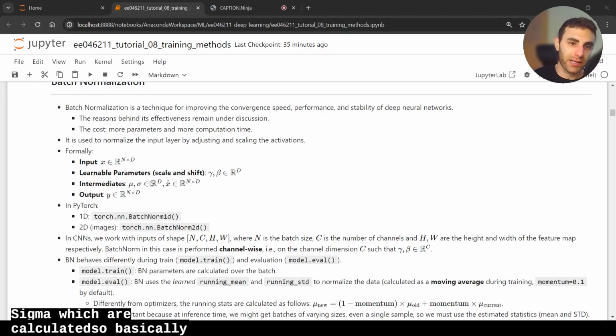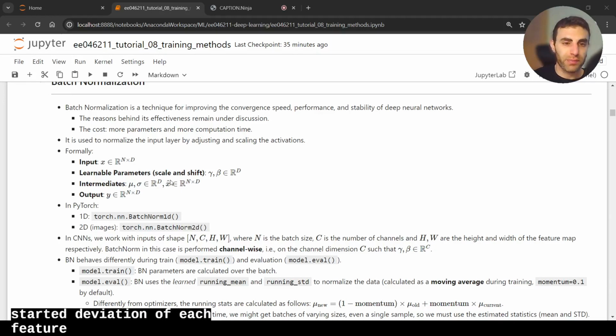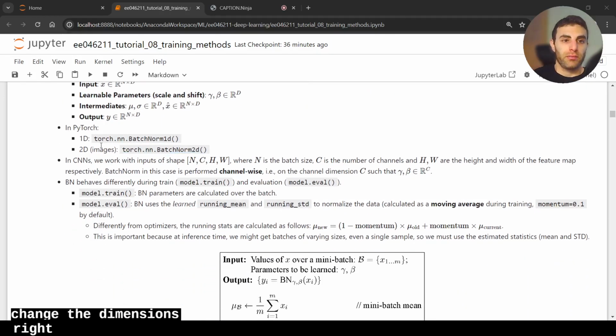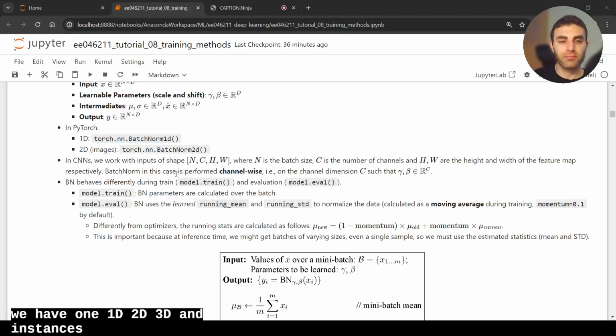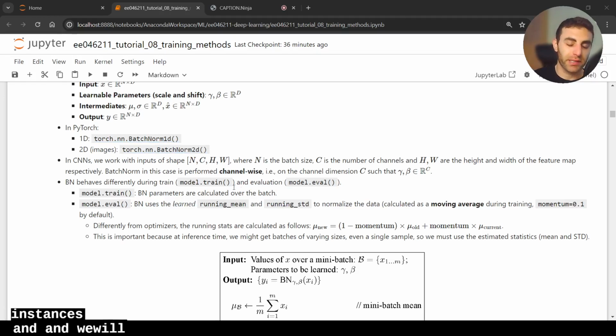Basically we calculate the mean and standard deviation of each feature over the batch dimension. This is why mu and sigma are of the same dimension as the feature dimension, and the normalized output of this layer is of the same dimension. We do not change the dimensions. In PyTorch we have 1D, 2D, 3D instances, and we will see an example in a minute.